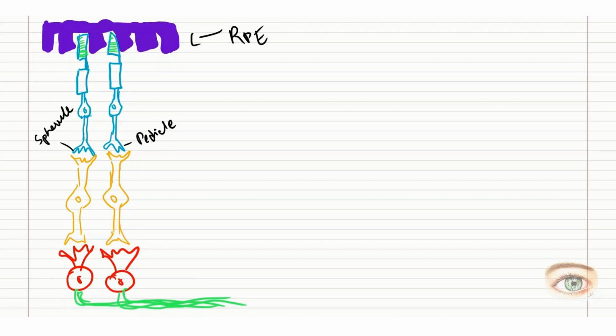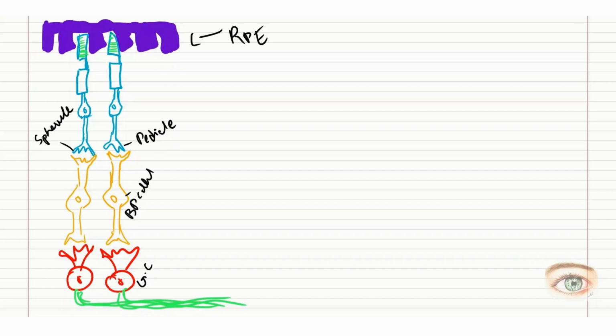We also have some more nuclei present along with the bipolar cells. These are the bipolar cells, and these are the ganglion cells.